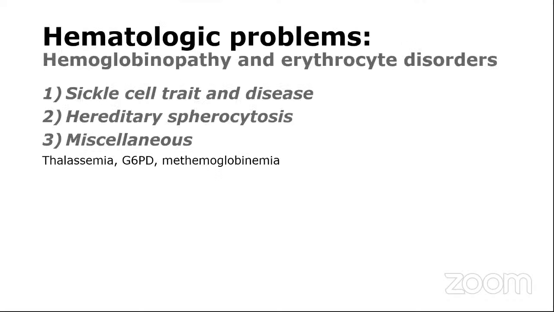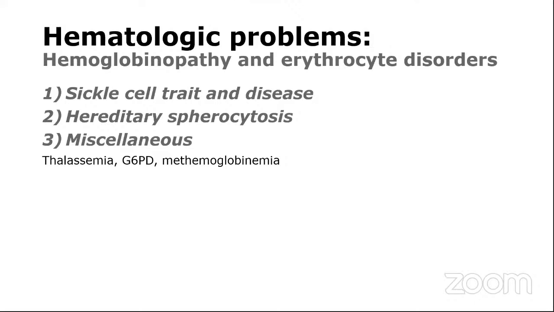For the hematological problems which can be identified pre-op, we have sickle cell trait and disease, hereditary spherocytosis, and miscellaneous diseases such as thalassemia, G6PD deficiency and methemoglobinemia.